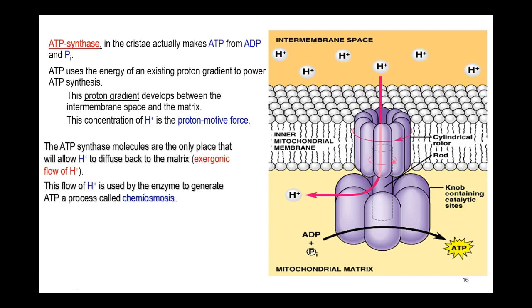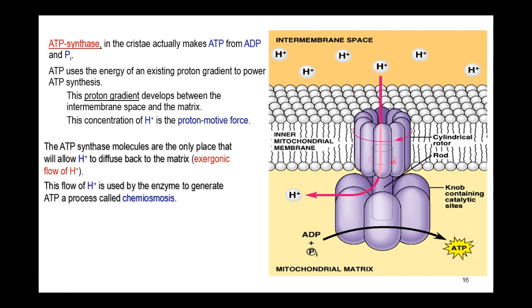And each turn is going to cause more hydrogens to come in, and in the turning of this ATP synthase complex, which is being drawn as a rotor here, that energy of the turn, just like the wheel of a mill, which you probably have seen if you've gone on any kind of history field trips, is going to fuel the energy that's going to cause that phosphate to go onto ADP.